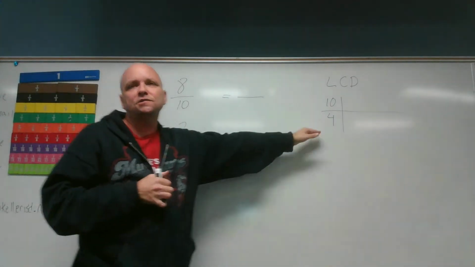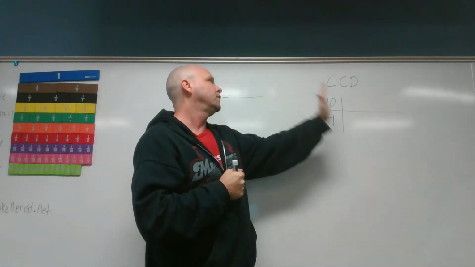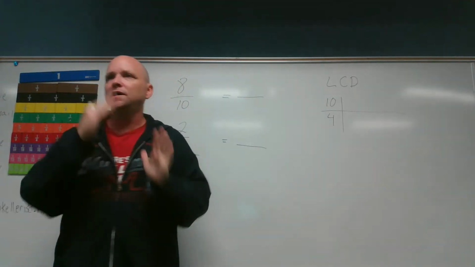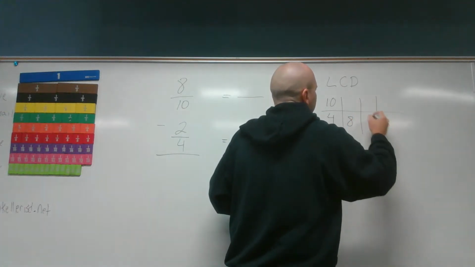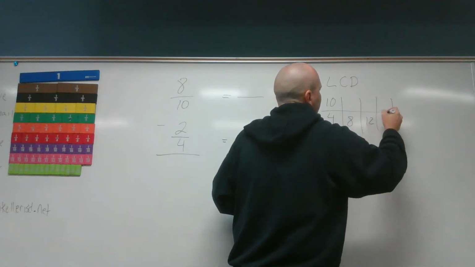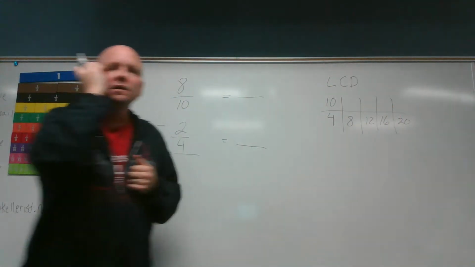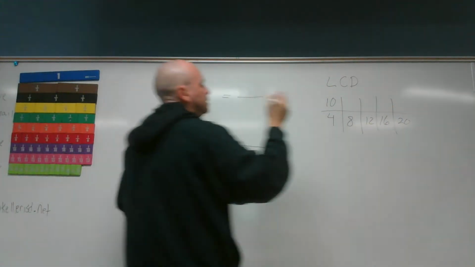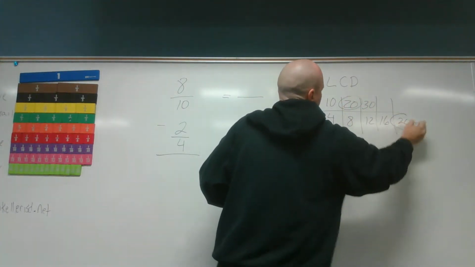But I always like to start with the smaller one and list 3 or 4 of the smaller one, and then if they're not the same, list 3 or 4 of the bigger one, and kind of go back that way. So we'll start with the smaller one, 4, 8, 12, 16, 20. Let's look at the larger one, 10, 20, 30, 40.